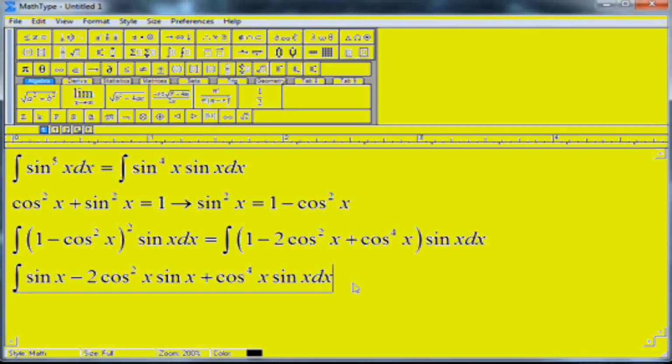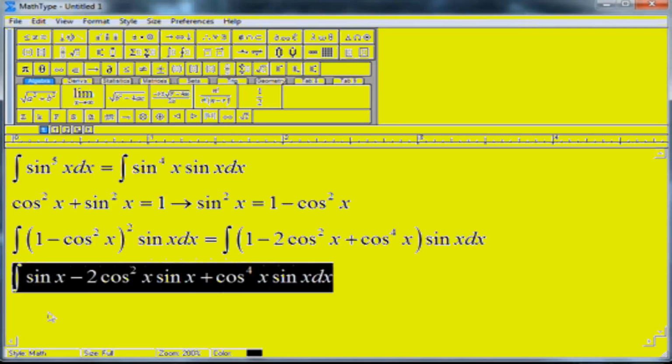Okay, now this is the reason why we pulled out one sine and made it even. If this was a 7, we would pull out one sine again and make this to the 6th power. And that's because we used the sine in the du. We make this in every single integral, because this is 3 integrals right here.